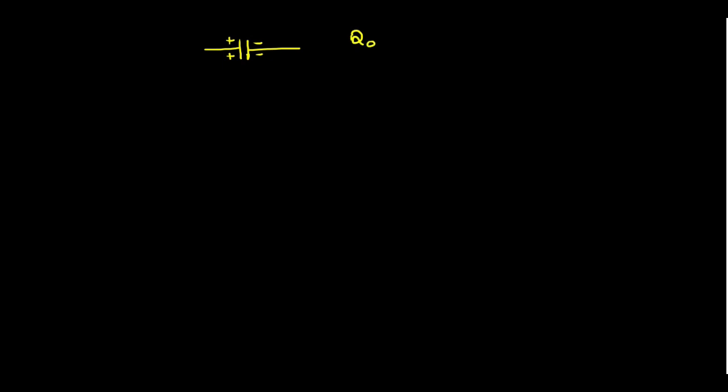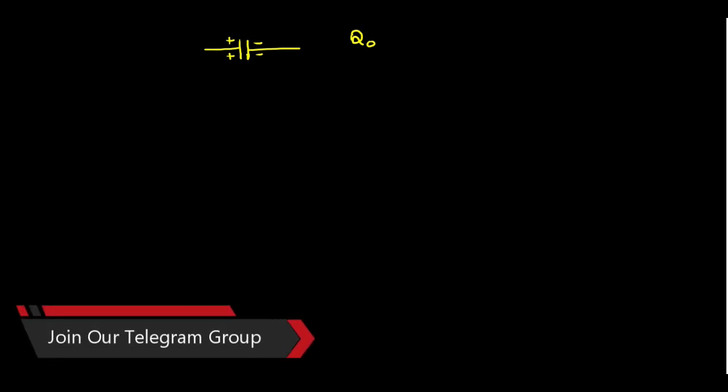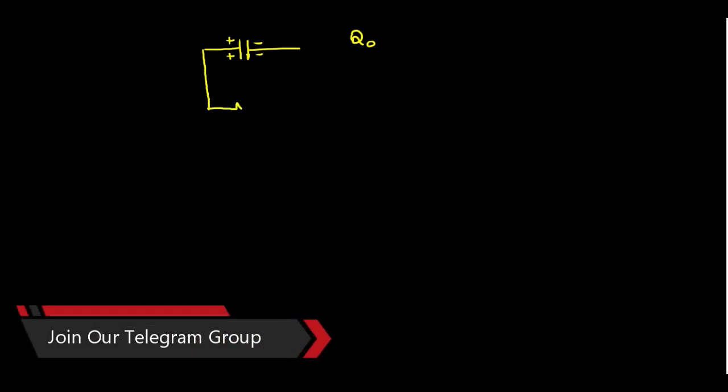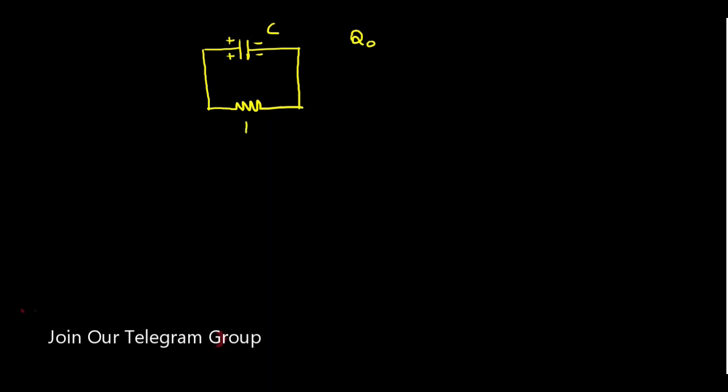That is, when the capacitor was fully charged, Q naught is the max value of the charge. Now what we are going to do, we are connecting this capacitor to a resistor. We are connecting a fully charged capacitor to a resistor. This is C and this is R. Now what happens?